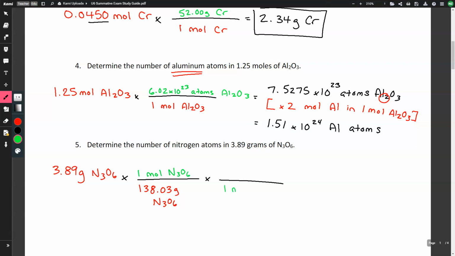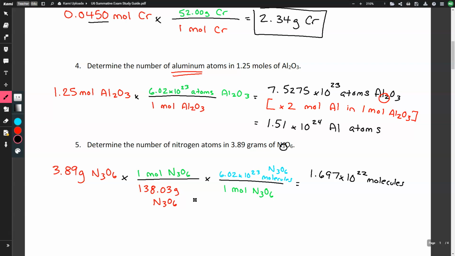And then 1 mole contains 6.02 times 10 to the 23 molecules of N3O6. So when we do this on our calculator, we get 1.697 times 10 to the 22 molecules.